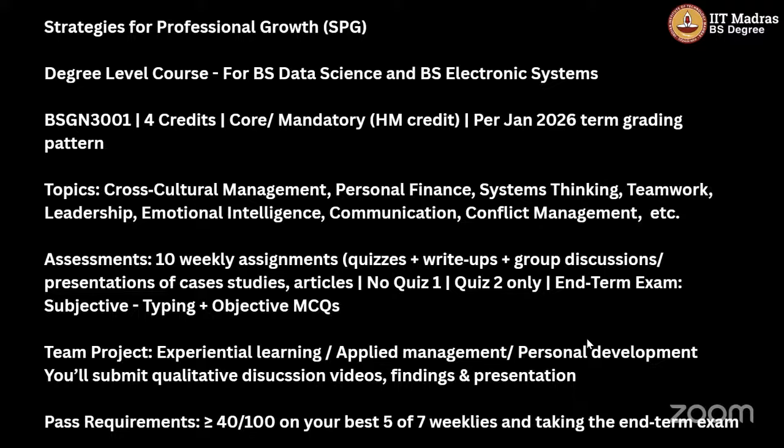So what exactly is covered in the course called SPG? If you look at the World Economic Forum's Future of Jobs Report 2025, you can search it on Google, there will be 10 top skills that are relevant for the year 2025, core skills of 2025. You will find AI and big data at the top, network and cybersecurity next, and it goes on like technological literacy, which is a generic term that covers all the technical aspects of any domain knowledge.